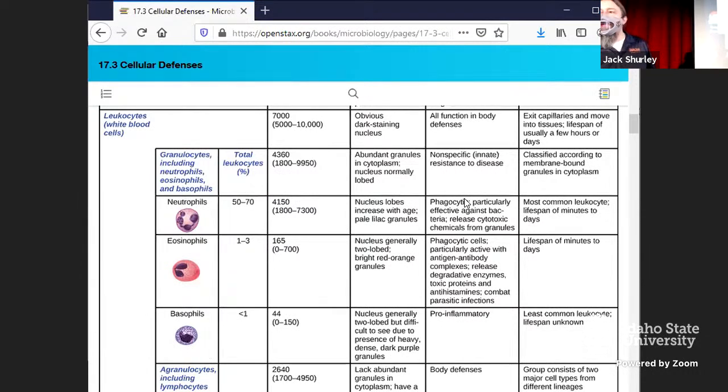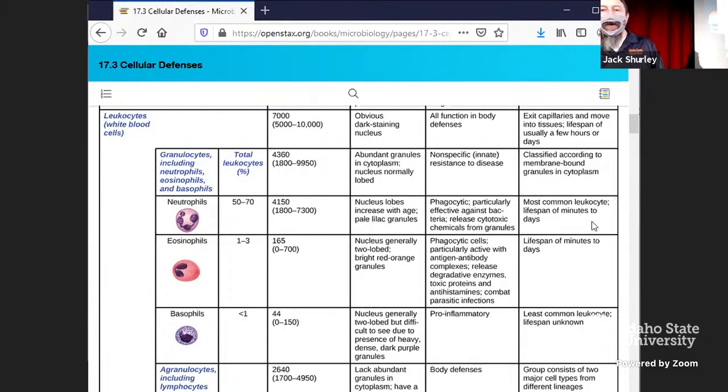They are phagocytic cells, so they have the capability of engulfing foreign invaders, and they're very good at targeting bacterial cells. They also can release granules to the outside of their cell to stimulate more of an immune response. And we'll see some of that here in just a second.